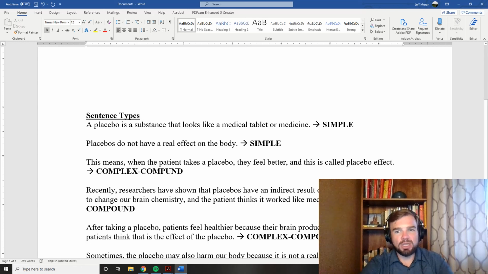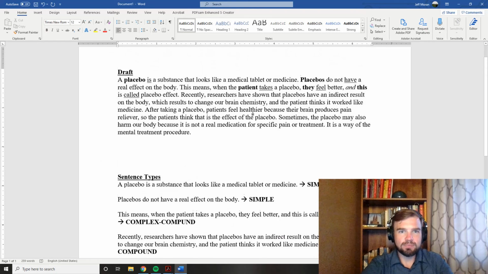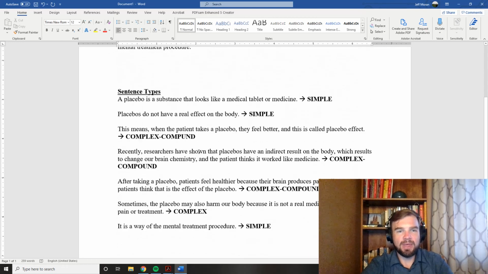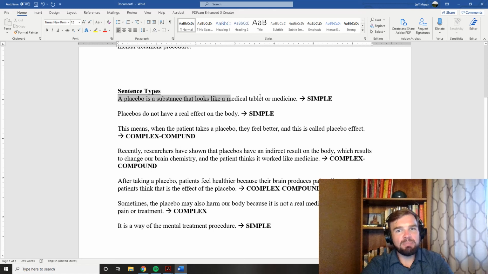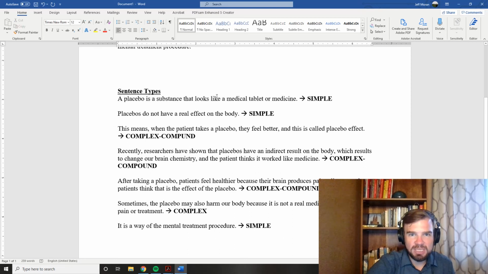So just below, it's going to look like this when you type it in this assignment. Here's your paragraph. Then all you need to do is copy and paste the sentence and then tell me if it's a simple, complex, compound, or complex compound sentence. So sentence number 1, like we talked about, a placebo is a substance that looks like a medical tablet or medicine. Simple sentence.